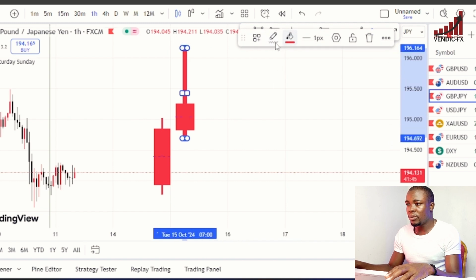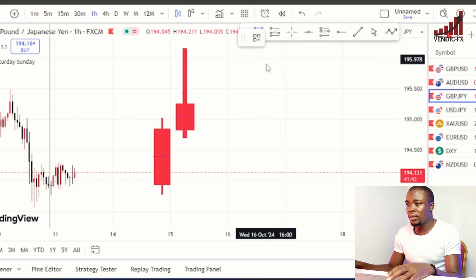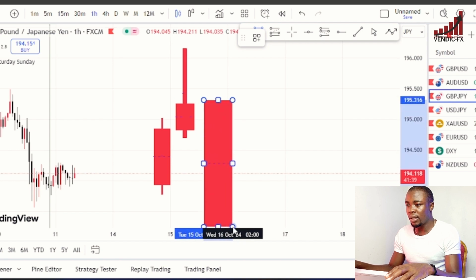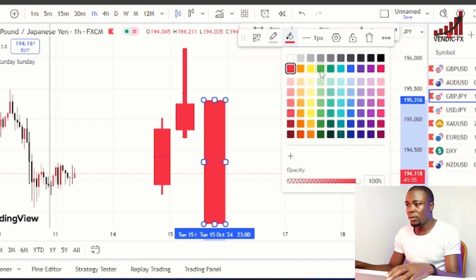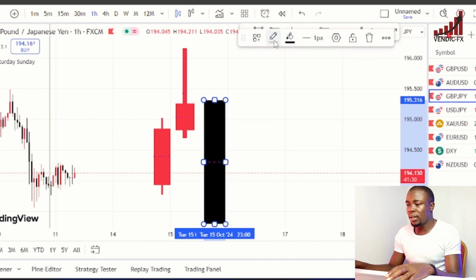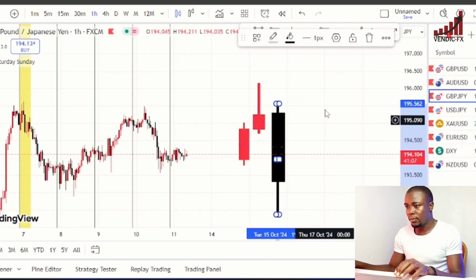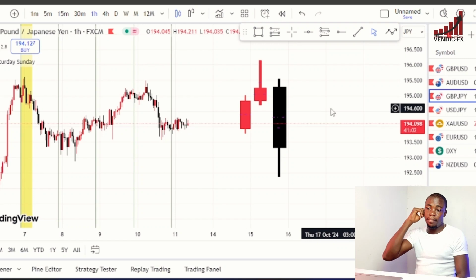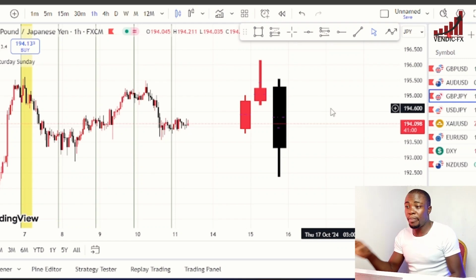Then the next candle becomes bearish. We now have something like this. This is an example of a 3 bar reversal.